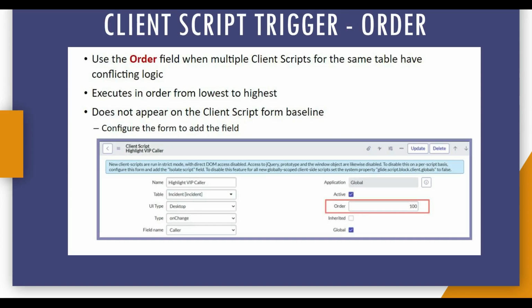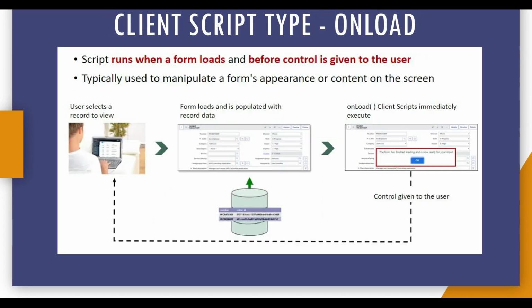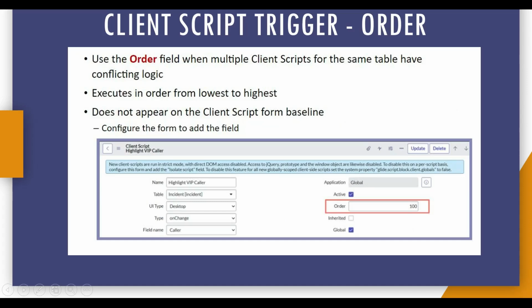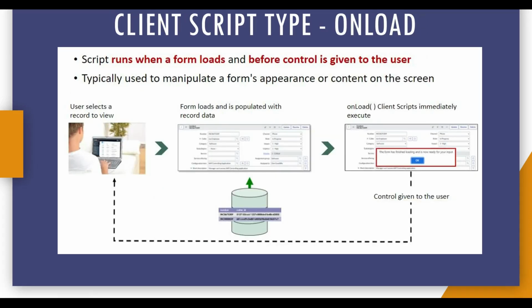You can write it, but it is not mandatory to do anything related to the order field. So generally people keep it as 100 itself. By default it sets that.